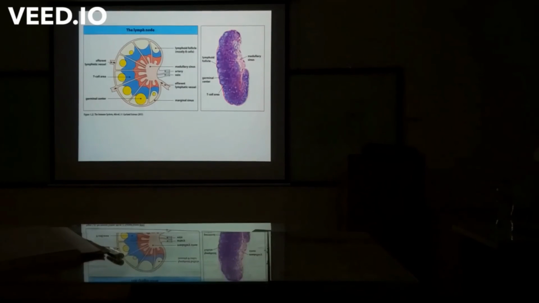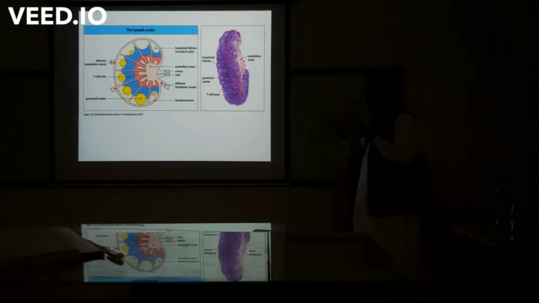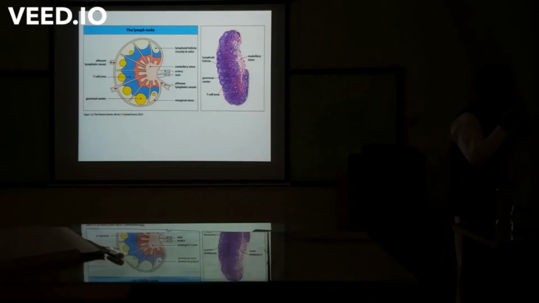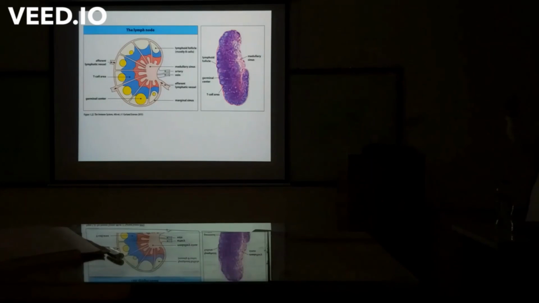For instance, there are tissue macrophages present there. So these tissue macrophages and dendritic cells which are also there are going to detect these pathogens and take these pathogens into the lymph.